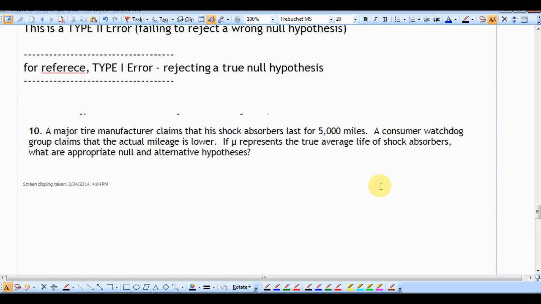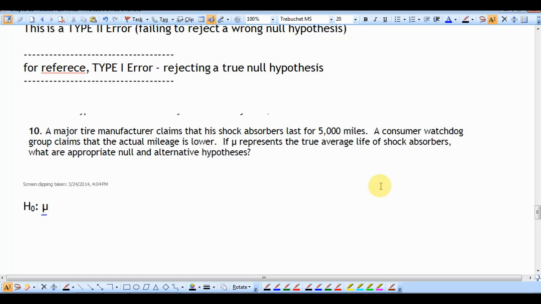A major tire manufacturer claims that his shock absorbers will last for 5,000 miles. A consumer watchdog group claims that the actual mileage is lower. If mu represents the true average life of shock absorbers, what are the appropriate null and alternative hypotheses? Null hypothesis. They've already defined mu, so you don't have to define mu.